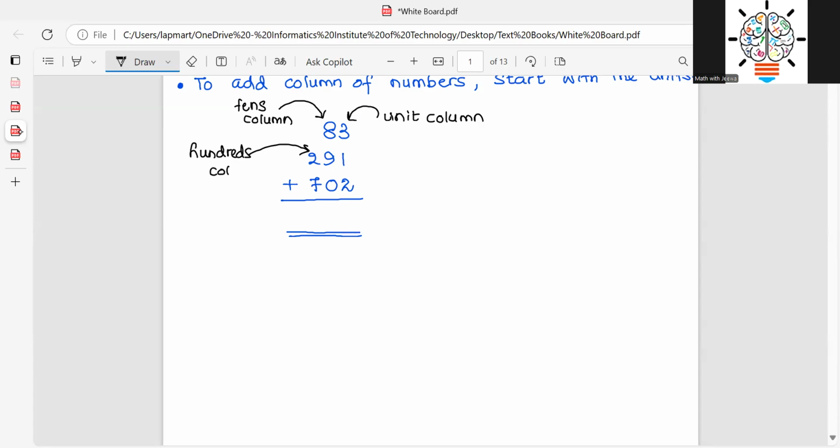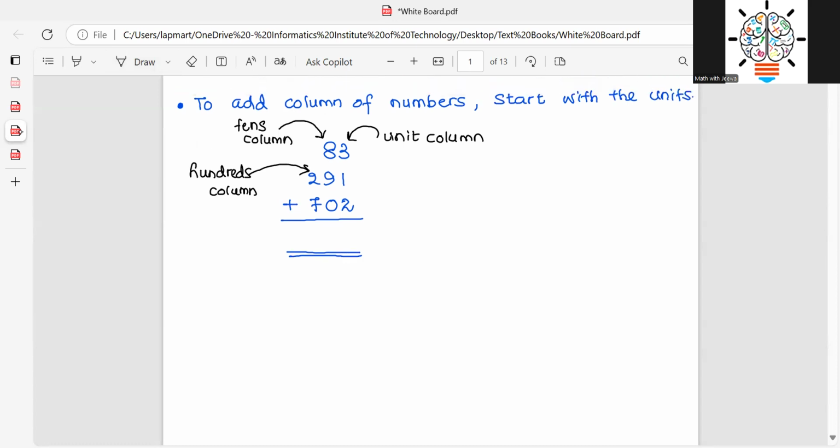So first of all, you want to understand this. From where are we asked to start, children? We want to start with the unit. So then how do you do that? You are starting with the unit column, but still you want to start from the bottom. If it is a single column, we should start from the bottom, no? So then how are you going to do that? 2 plus 1, 3, 3 plus 3, 6.